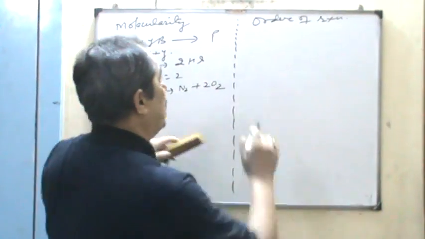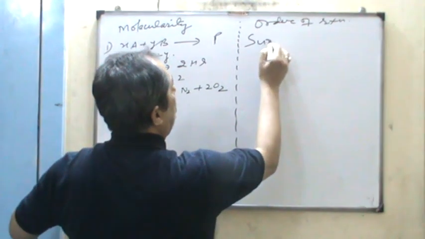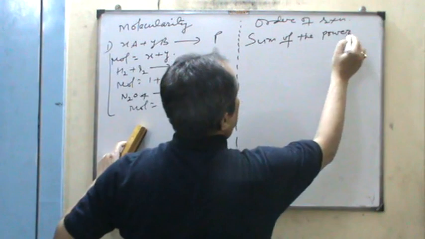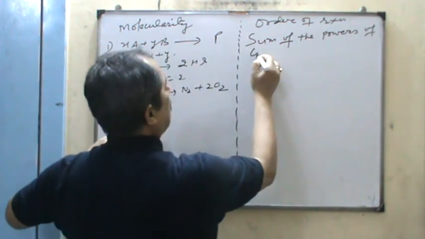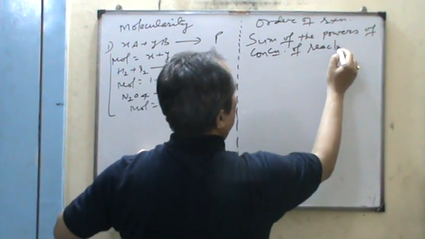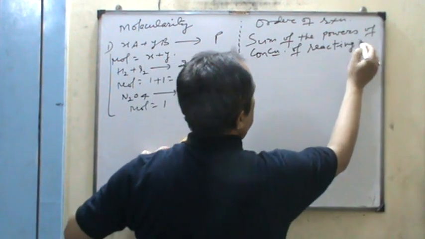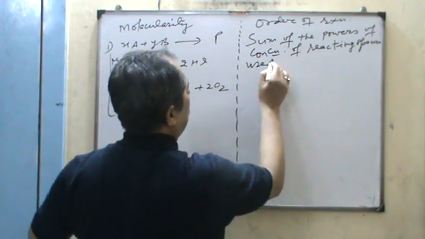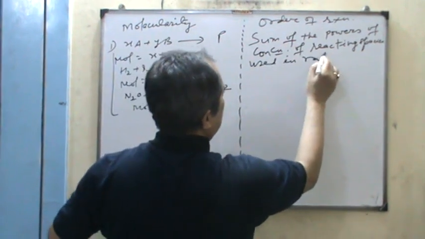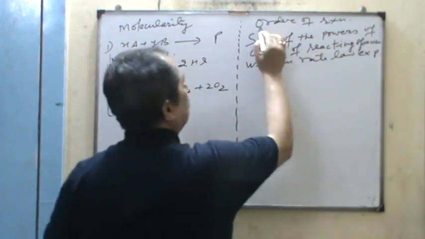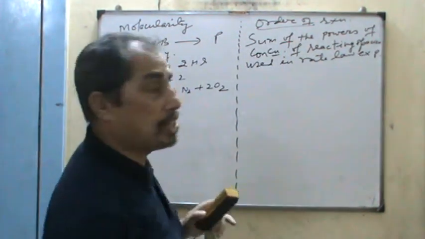See here, order of reaction is the sum of the powers of concentration of reacting species used in the rate law expression.